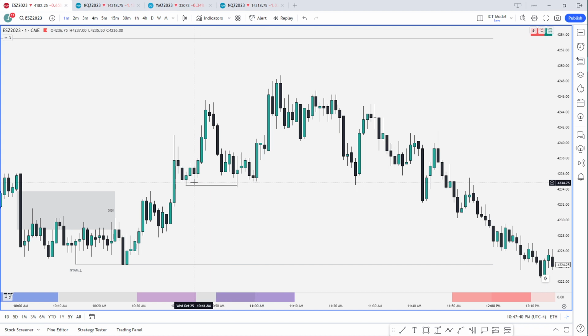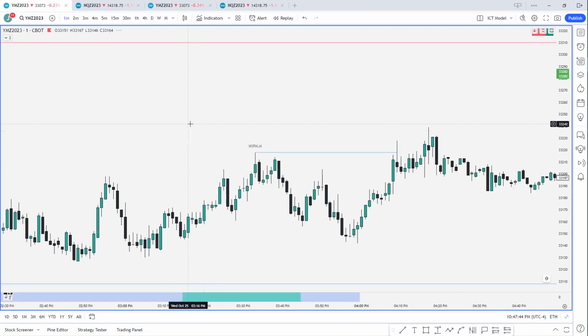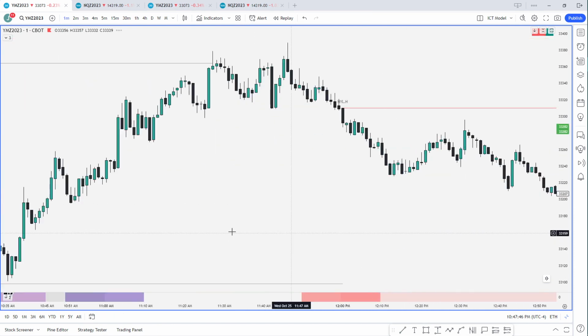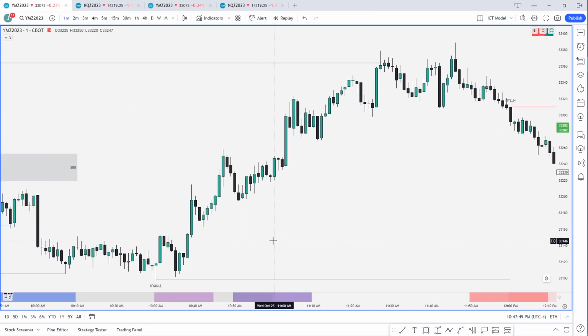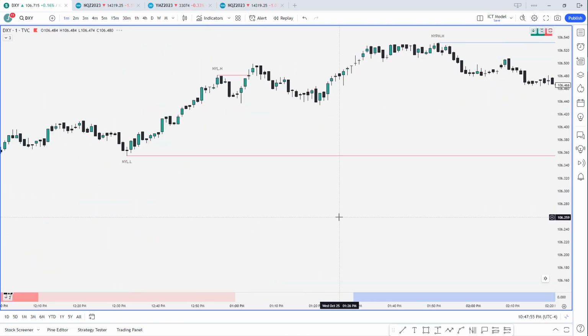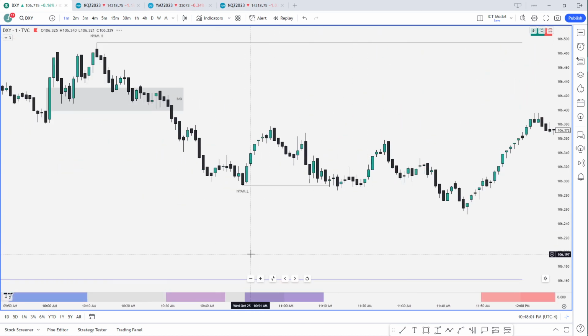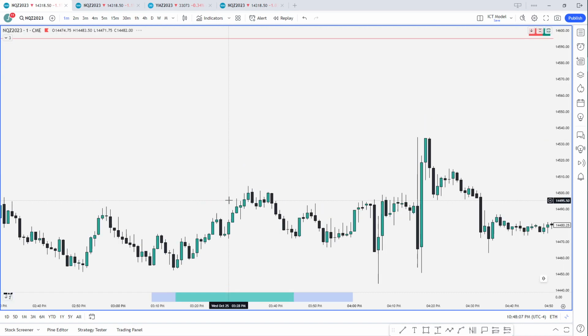Failed to sweep it there. Guess this is. Okay. I need to look at YM. Didn't take it out there either. DXY, failing to make a higher high. Nope.